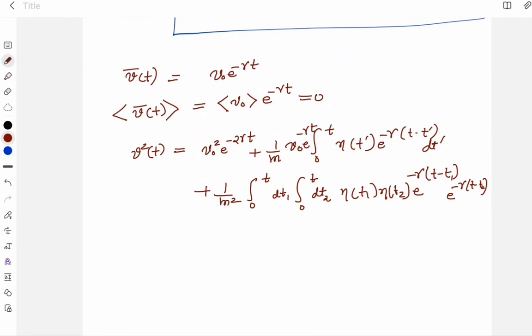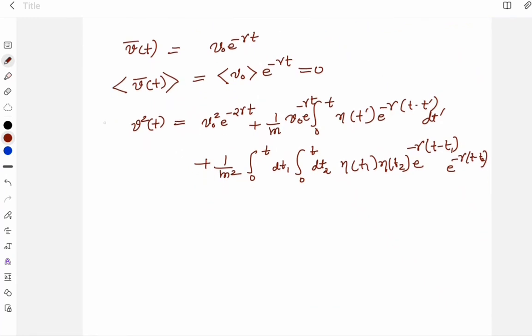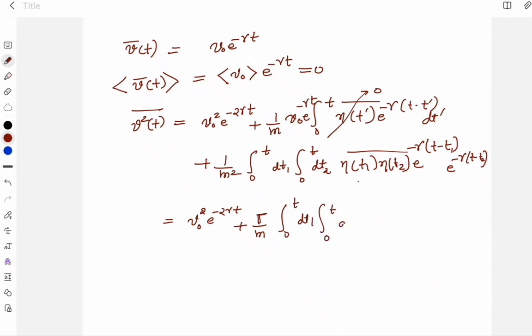Okay, now let us do the average over the realization of the noise. So this term will drop out, this term will not affect, and this is a delta correlated noise. So we will substitute the value of the noise correlation. It is 1 over m, gamma will come from this part, integral 0 to t dt1, integral 0 to t dt2, delta(t1 minus t2) e to the power minus gamma (t minus t1) e to the power minus gamma (t minus t2).